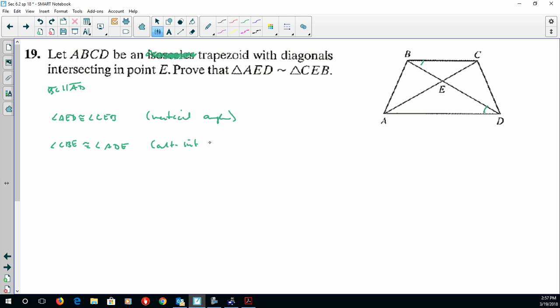Parallel lines. Similarly, angle ECB is congruent to angle EAD for the same reason.